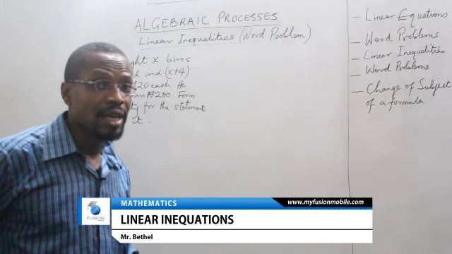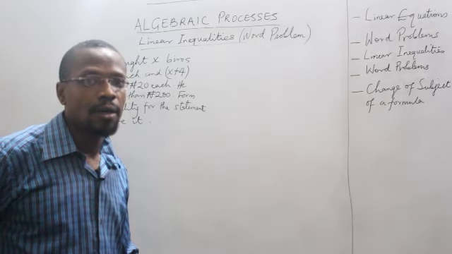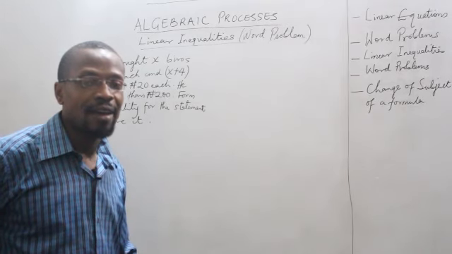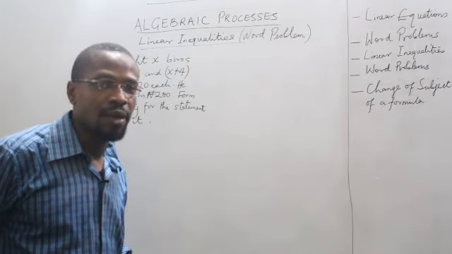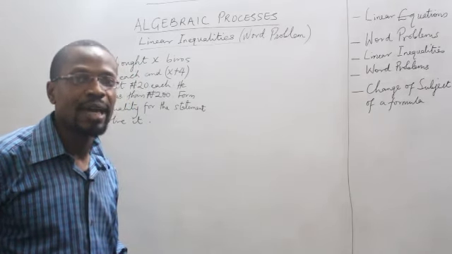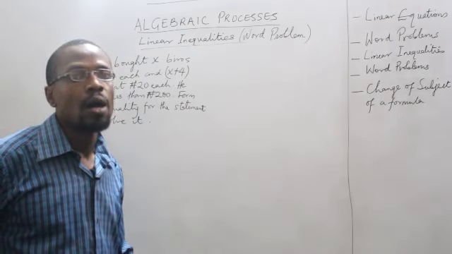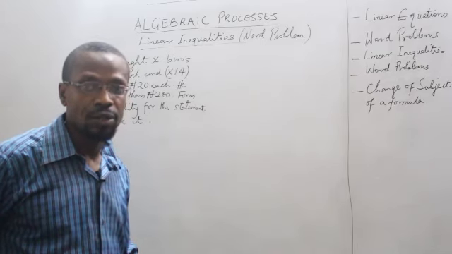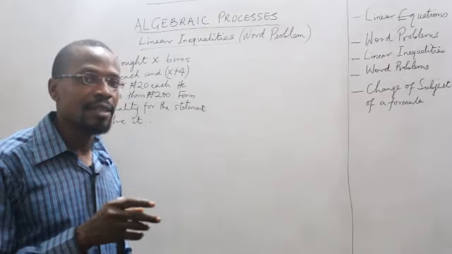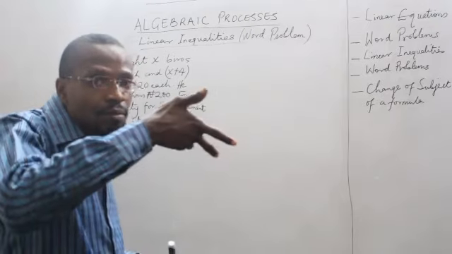Observe that rule. If there is a negative sign at the end of the equation, if you have to multiply both sides of the equation by a negative sign, or you have to divide both sides of the equation by a negative number, the greater than or equal to sign will always change.